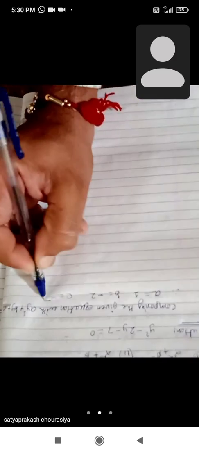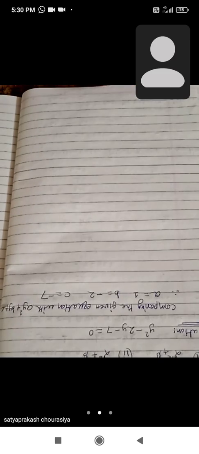So therefore a is equal to 1, b is equal to minus 2 and c is equal to minus 7. It's clear now. a value is 1, b value is minus 2 and c value is equal to minus 7.